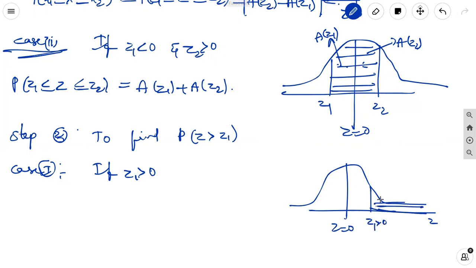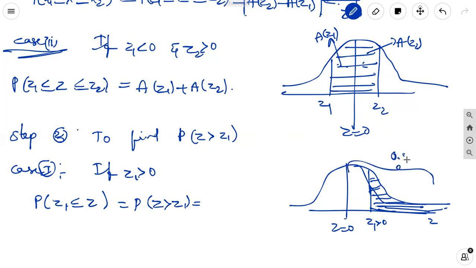From this we can calculate this area. How is it? The probability of Z1 less than or equal to Z, or simply the probability of Z greater than Z1, is nothing but the whole half area, which is 0.5, from which we subtract the area of Z1.